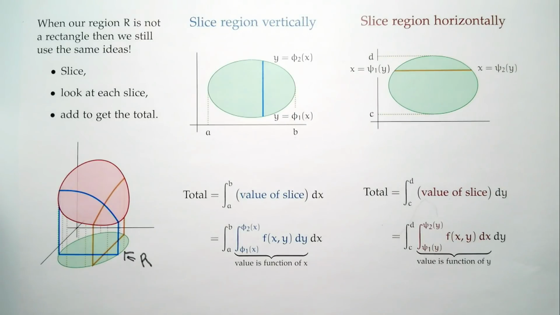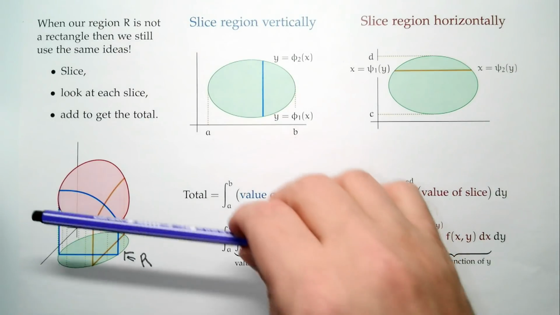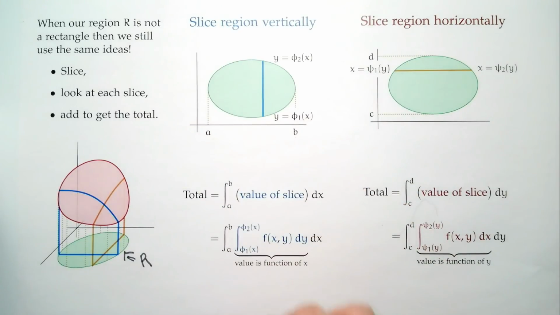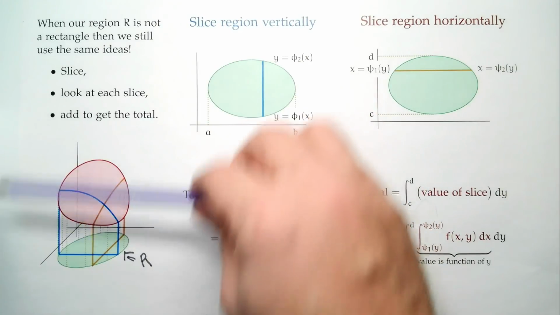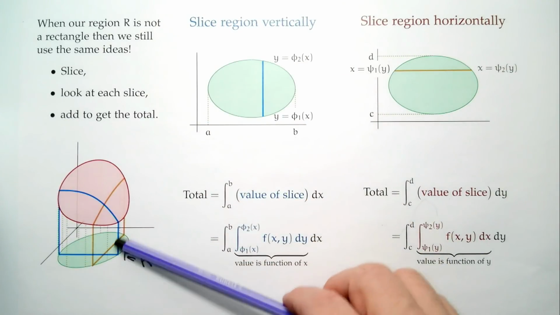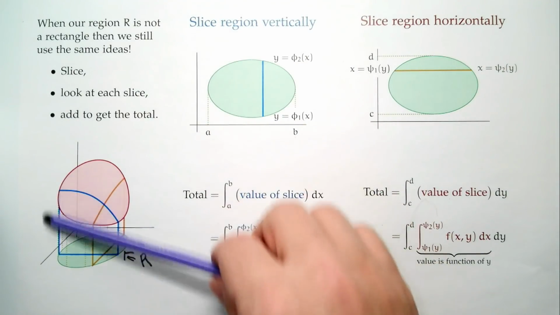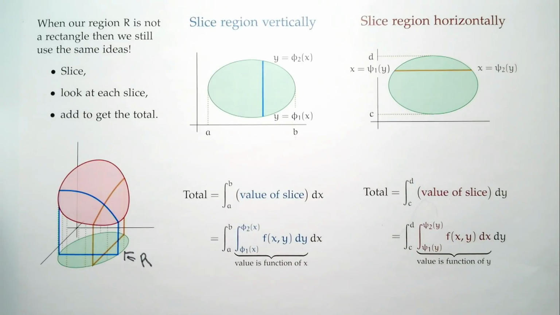Okay, but what can we do? Well, we do the same thing we did before. You can see here we've done some slices. So we've sliced in one of two directions, and let's go through our two different types of slicing. If I'm doing the slice this way, where you see this blue piece right here, that blue piece corresponds to what?